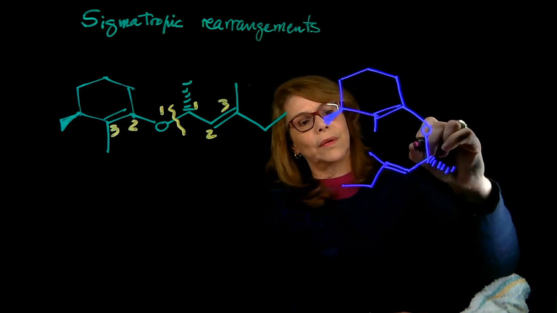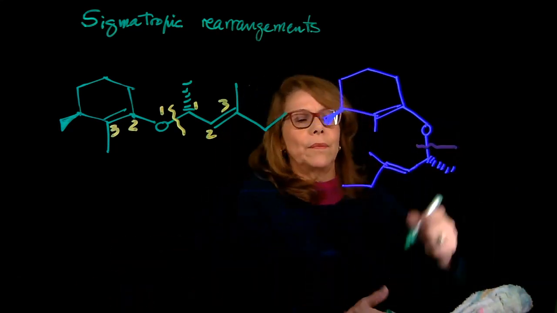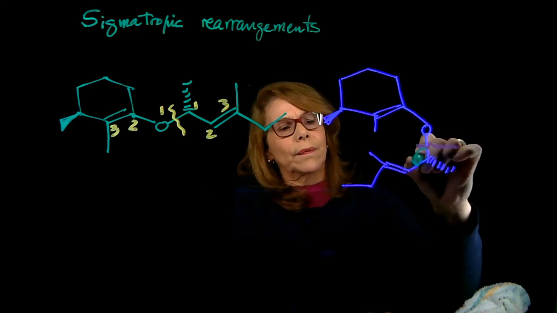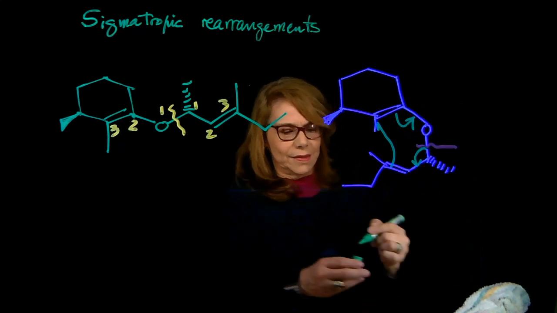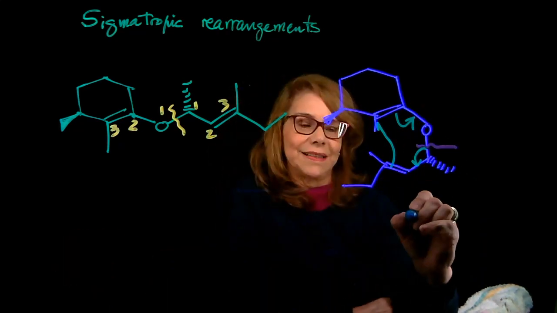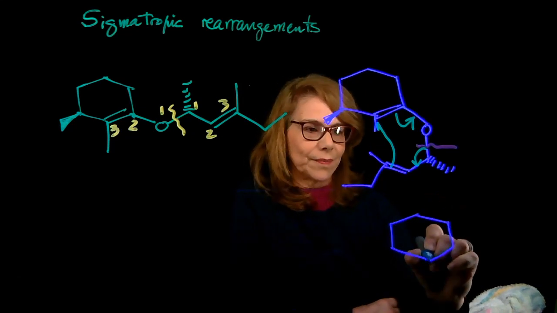That's the bond that is going to be breaking. And now when we're breaking that bond, I'm going to be making this and that. So my final product will have, as we always have in the Claisen rearrangement, a carbon-oxygen double bond.